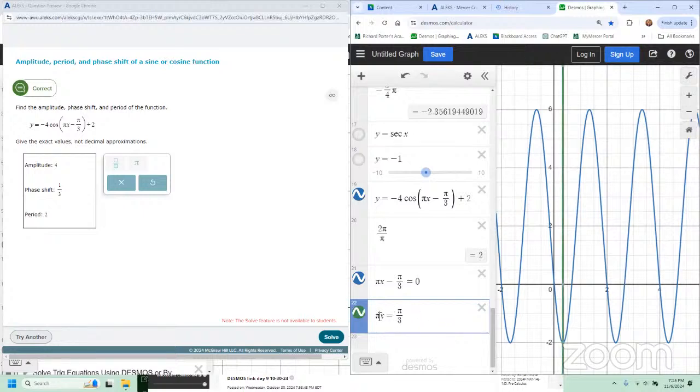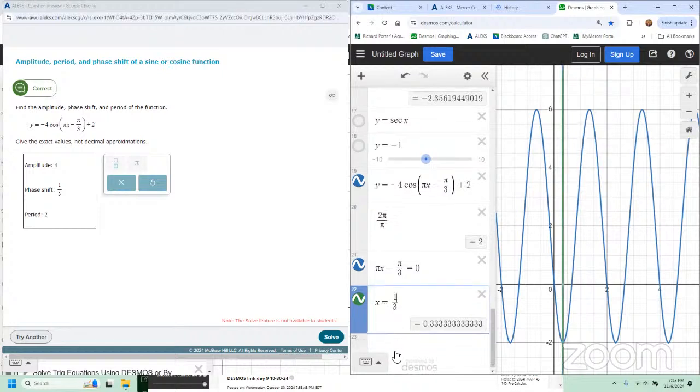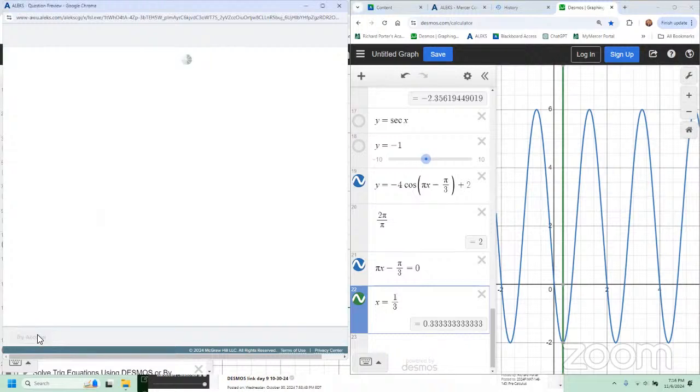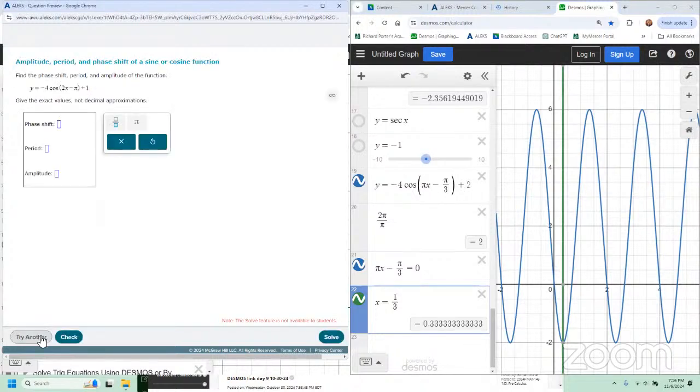You can divide both sides by pi. And there you have the answer 1/3. Or 0.33333. Okay. Should try another one. Let's try one where you guys tell me. Okay, here's a good one.